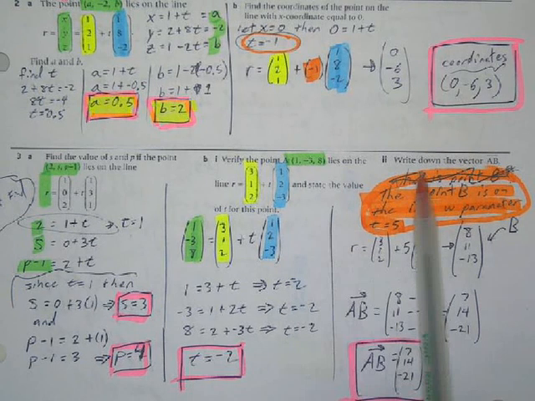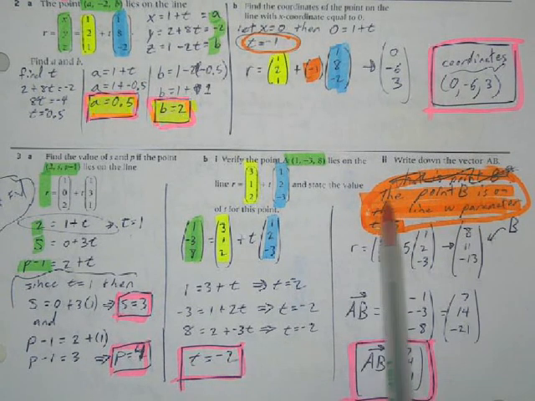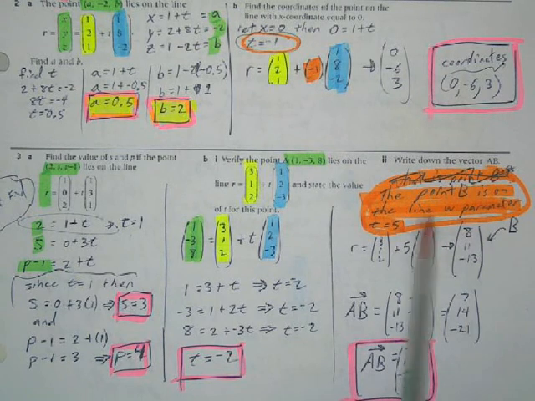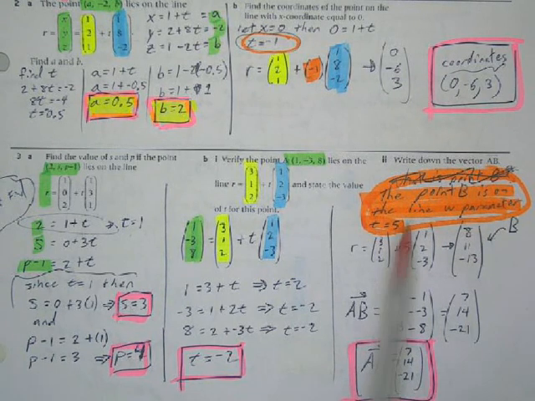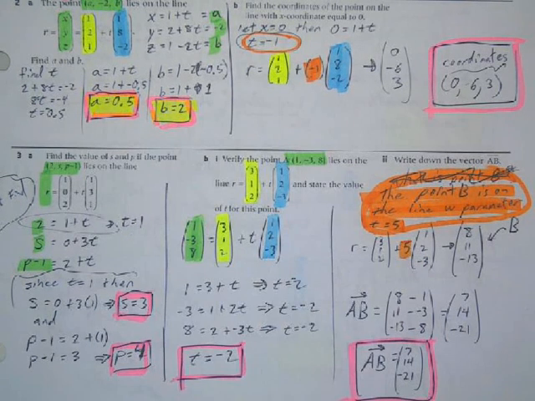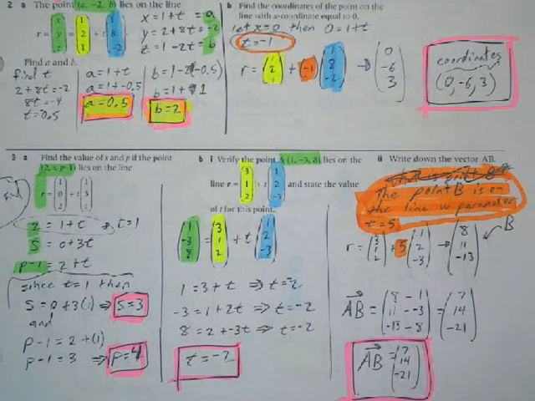Okay, write down the vector AB. The point B is on the line with a parameter of t equals 5. So we used a t value of 5. We've got our position vector of 3, 1, and 2.